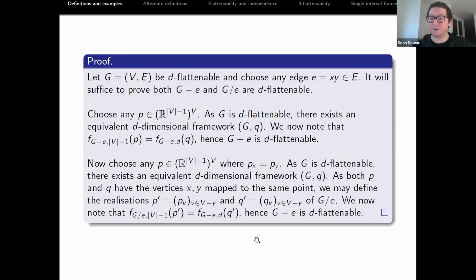So then we're kind of in a position where we don't really know if it's a minor closed property or not, and it probably is not. So we have to be a bit careful. Yeah, I think if we don't allow zero length edges, there are graphs that will no longer be deflattenable. I just can't think of one off the top of my head. Mira, do you happen to know one?